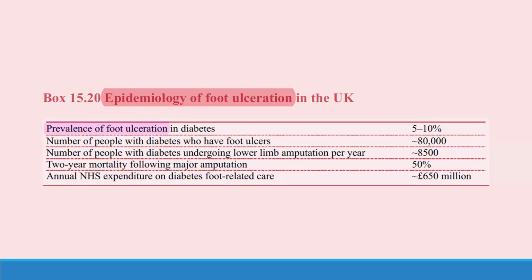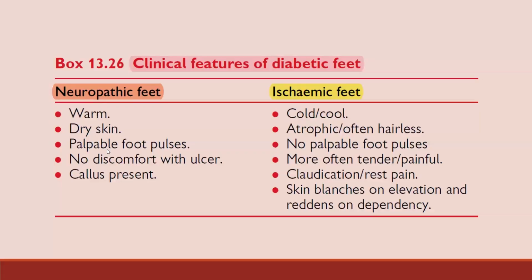In foot ulcer, actually in the UK, the prevalence of foot ulcer in diabetes is about 5 to 10%. And we have clinical features of the diabetic foot. In the neuropathic foot: warm, dry skin, palpable foot pulses, no discomfort with ulcer, callus formation.